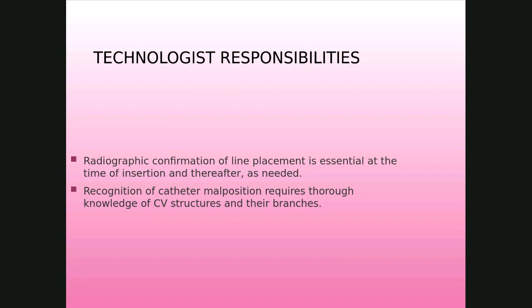We need to let them know that it is in the wrong place so that something can be done for that. Okay, so radiographic confirmation of line placement is essential at the time of insertion and thereafter as needed. And recognition of that catheter malposition requires thorough knowledge of the CV structures and their branches. So that's talking specifically about a PICC line.